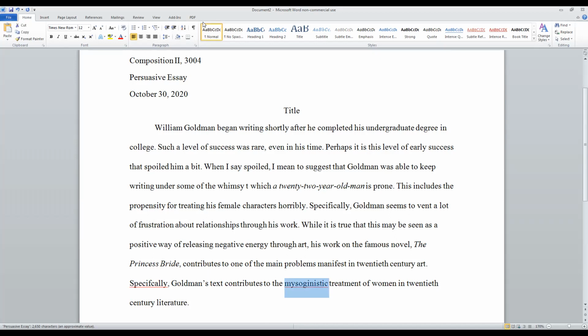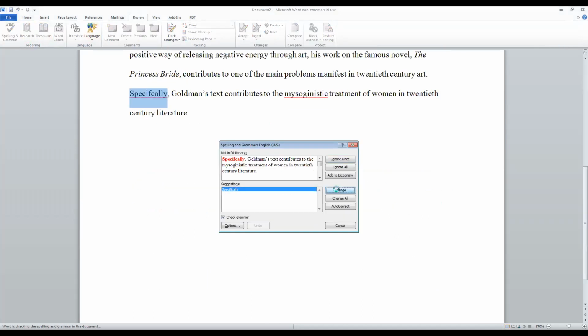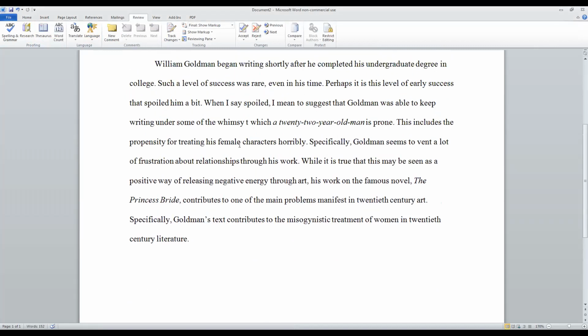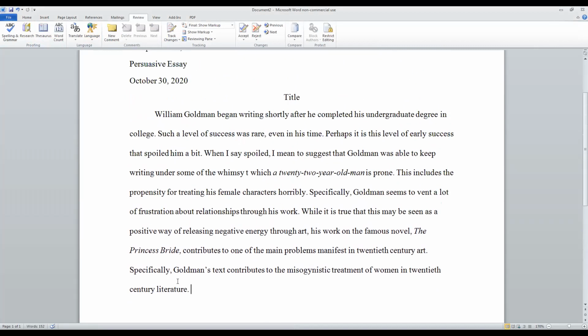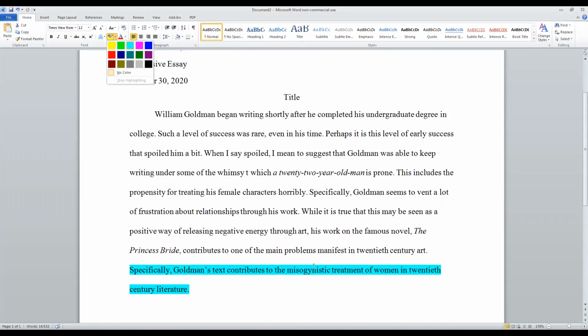Okay, obviously you need to do a little spell check here. Okay, it was a Y, not I. Okay, so now I have something approaching a fairly good thesis statement, which I'll highlight in blue.